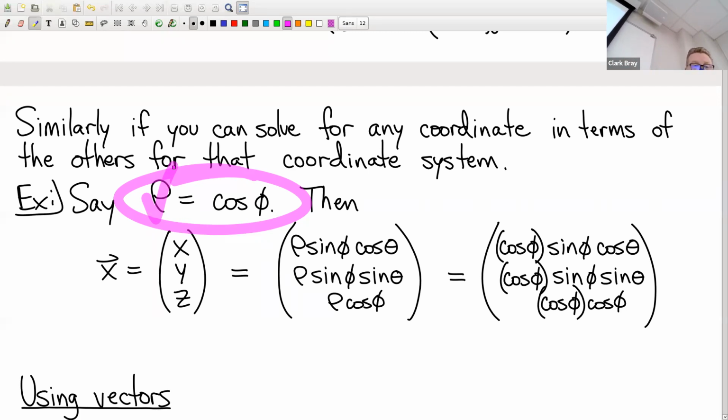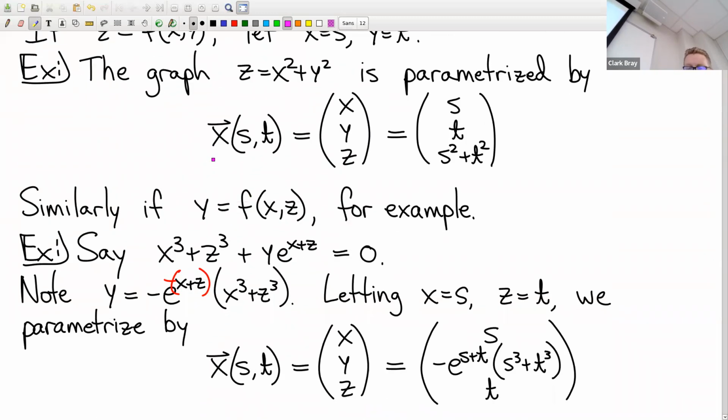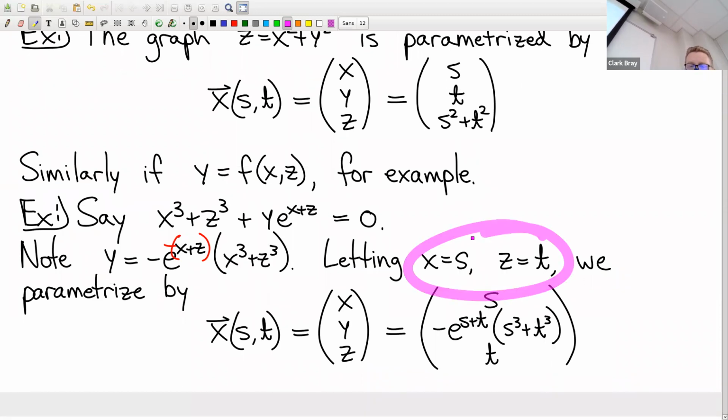So with that being the case, I'm just going to leave phi and theta as phi and theta. By the way, why did I rename x as s and z as t? Why didn't I just leave them as x and z? It's because then x and z would be both input variables and output variables for the same function, and you're not really supposed to do that.